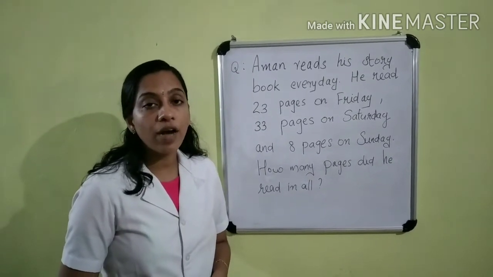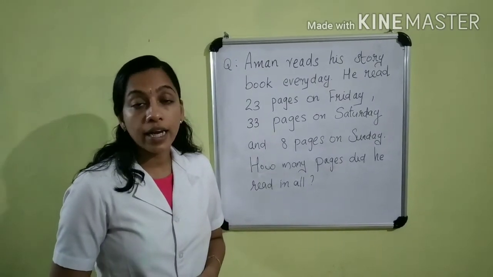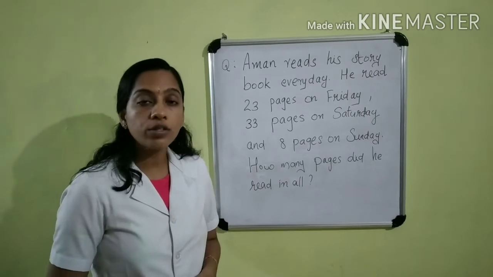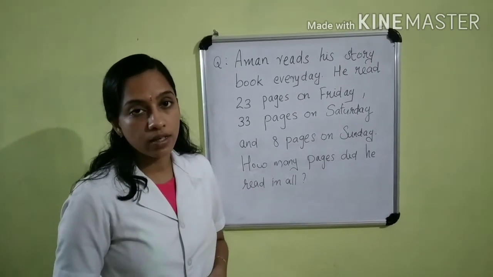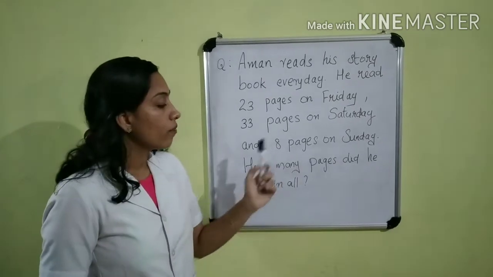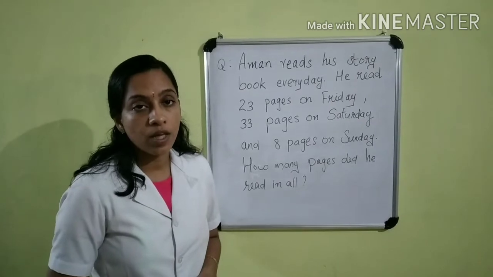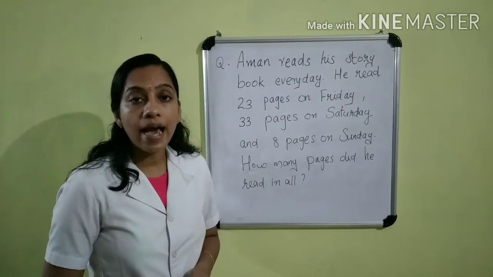Here we have to find out the total number of pages Aman read in all. Remember the words in all, altogether, total, sum imply addition. So here we have to find out the total number of pages. You can find the total number of pages by adding.